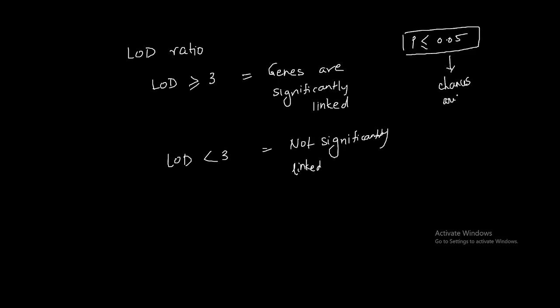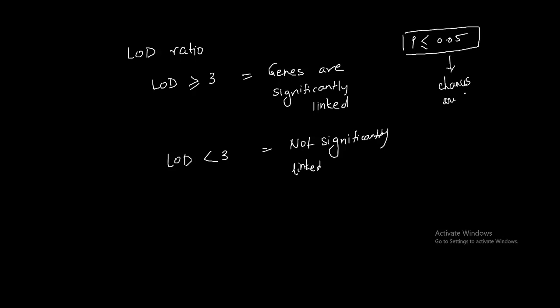Suppose you are buying a lottery ticket, and every time there is a 95% chance you are not getting anything. So 95% is the probability that I won't get anything, but there is a 5% chance that I may get it.